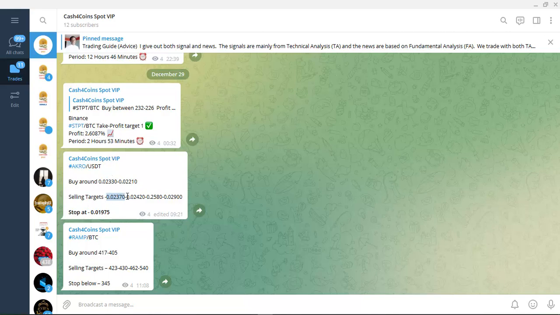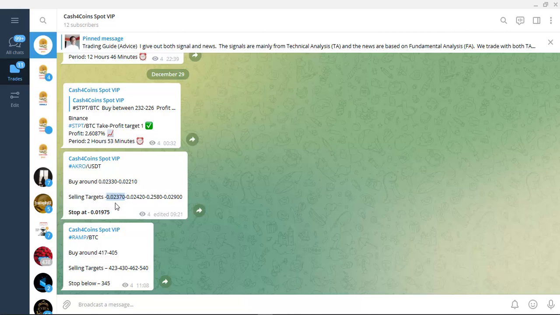So if you prefer taking the first target in any signal, that's your choice. But using this OCO, we are targeting this and then using this as a stop loss. If we come back and the price has passed this, we can now adjust this price, using this first target as a stop loss, therefore securing the profit we have made so far.